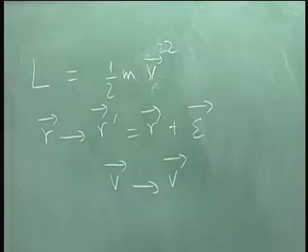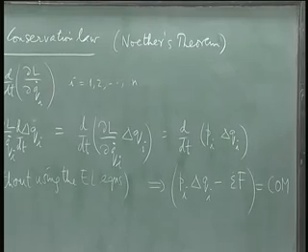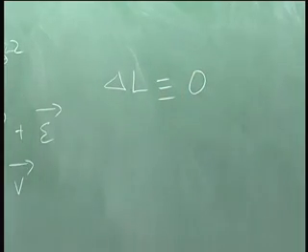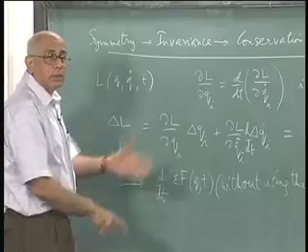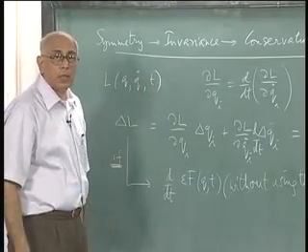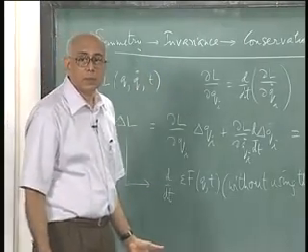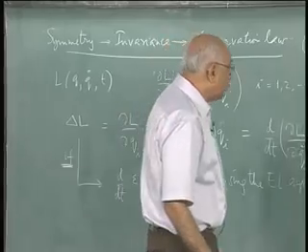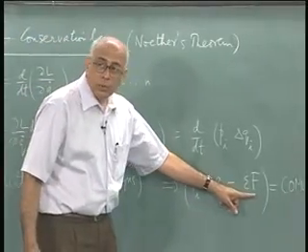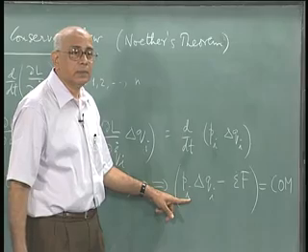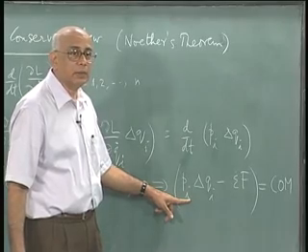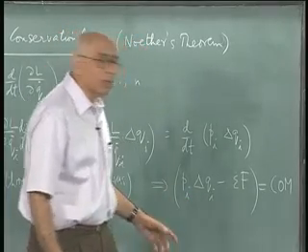Into this business, and what do you get here? It tells you that delta L is identically equal to 0 in this case, because there is no change at all. R dot is the same as R prime dot, so delta L happens to be 0, which implies that this portion goes away and you are left with this, and that is supposed to be constant. So what does that give you?